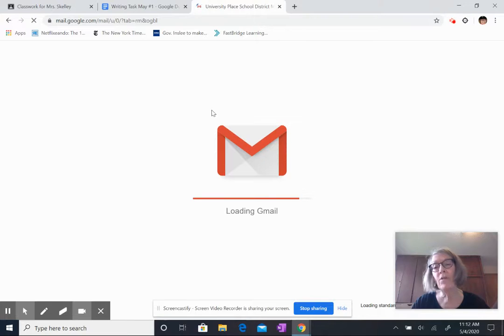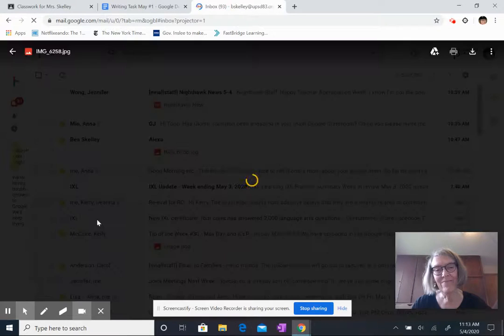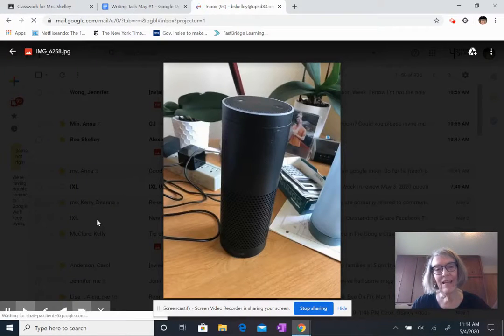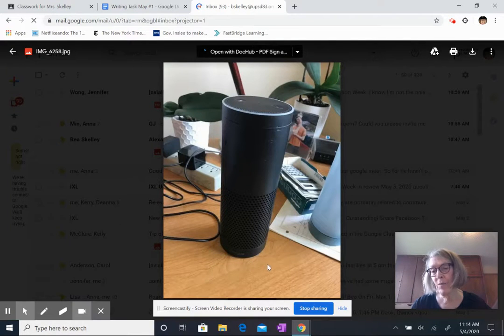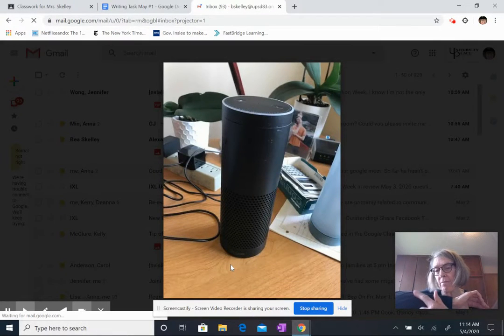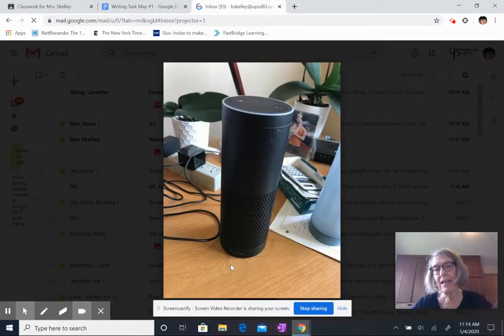Let me see if you know what this object is when the picture comes. Okay, here's the picture. And this object right now is sitting about 8 inches away from my elbow, right on my desk.